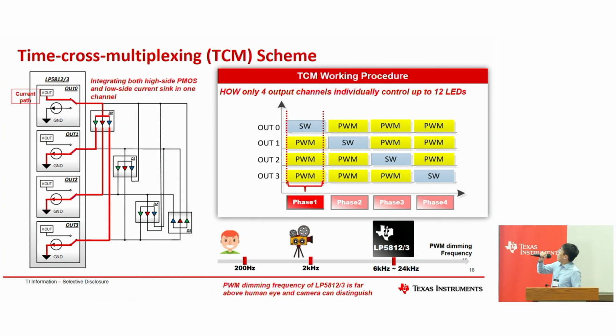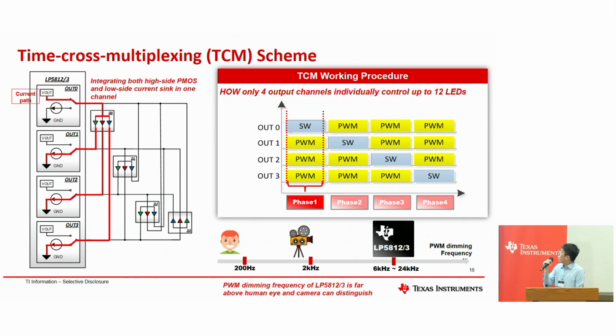So at phase 1, Out0 is pulled up to Vout, and Out0 is outputting the switching signals, while Out1, 2, and 3 are pulled down to the current sink. So the current flows starting from Vout on the L0, across the D0, the RGB LED dot, and down to L1, 2, and 3.